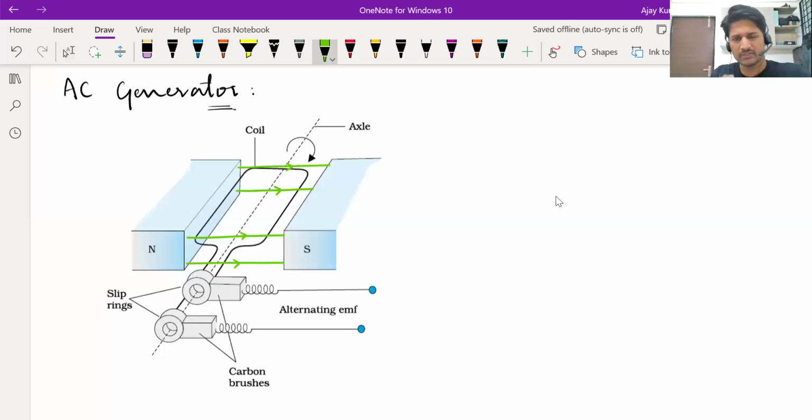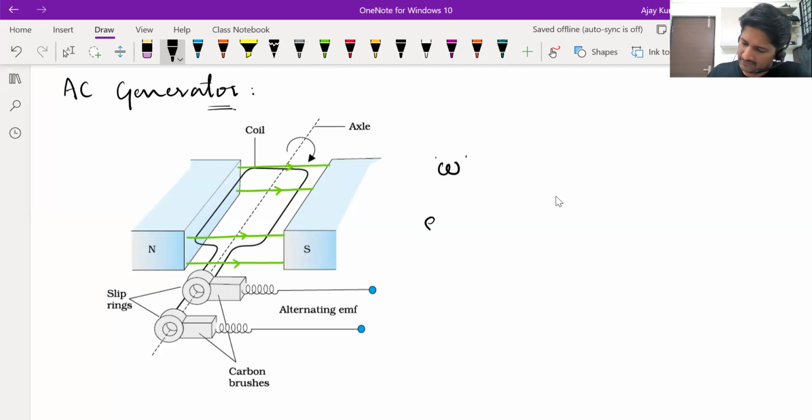In an ideal case, we assume it rotates with a constant angular velocity omega. A coil rotates in a magnetic field, then the flux through the coil will keep changing, and that is how the EMF gets generated. So this is the basic idea behind the working of an AC generator. In the rotation of that coil, mechanical energy gets used up, and due to that rotation, electrical energy gets produced. So mechanical to electrical energy conversion takes place.